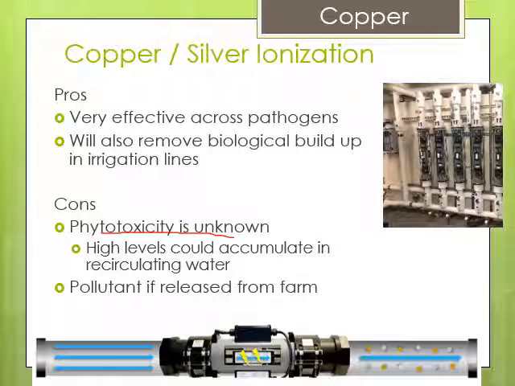So you've got to be very careful that you don't overdo this and damage your crop. The other problem is that if water is exiting your farm, let's say you're backwashing a filter or you just drain out the water from your farm, copper is considered a pollutant. It's a metal pollutant that will contaminate your land. That can cause you some serious problems. So you got to be very careful about what you do if you're using copper or silver to sterilize your water.